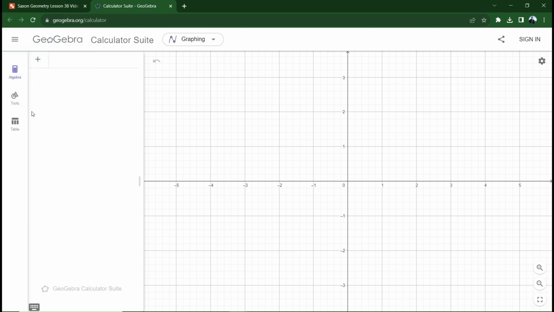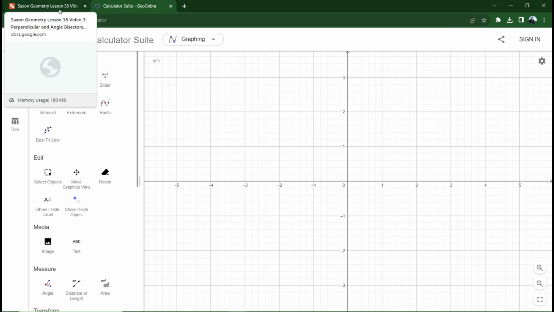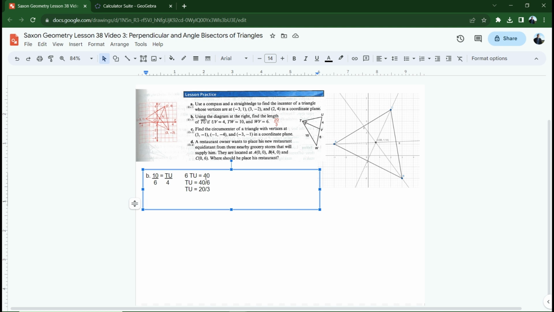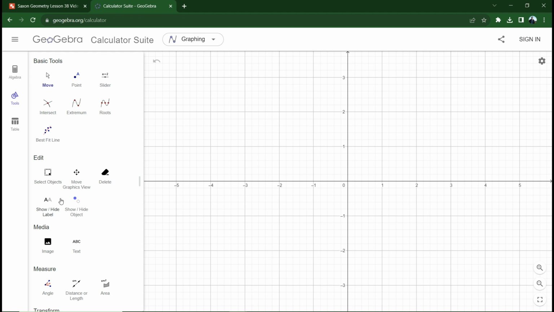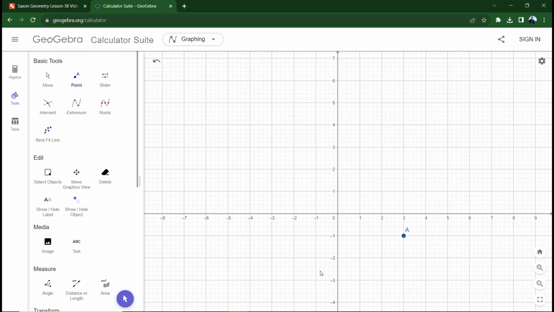Now, again, you are not using GeoGebra for this. You have to use graph paper. I am only using GeoGebra because that is my online graph paper. So I'm going to put the points (3, -1) and (-1, -4). Okay.